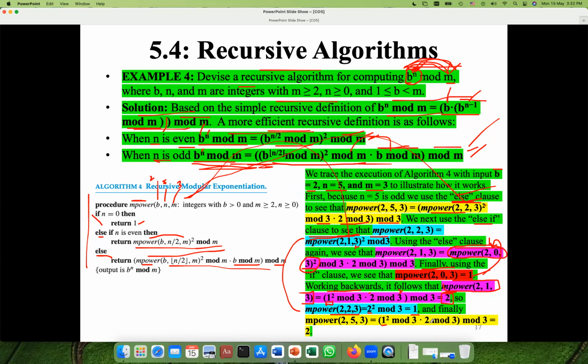Finally you will have 2 here, and then 2 mod 3, you will have again 2. So 2 is the answer now. This is also the understanding of how this algorithm is computing. So if you give me 2 raised power 5 mod 3, 2 is the answer.